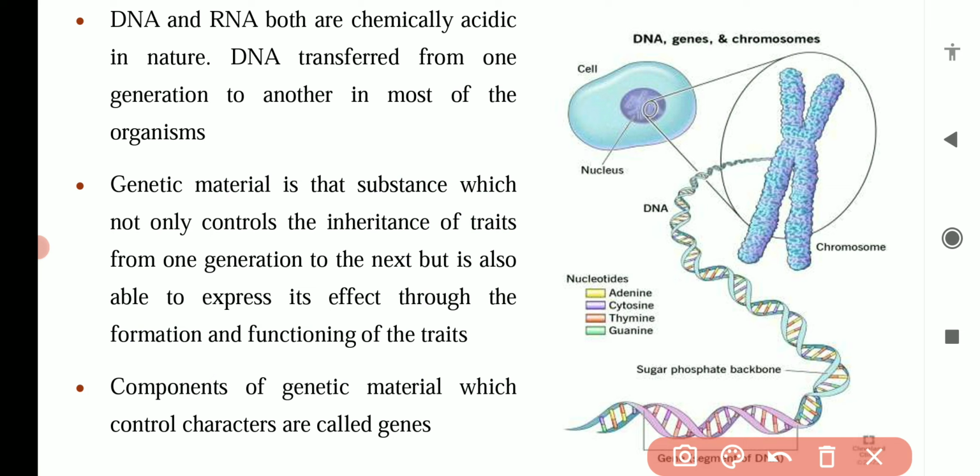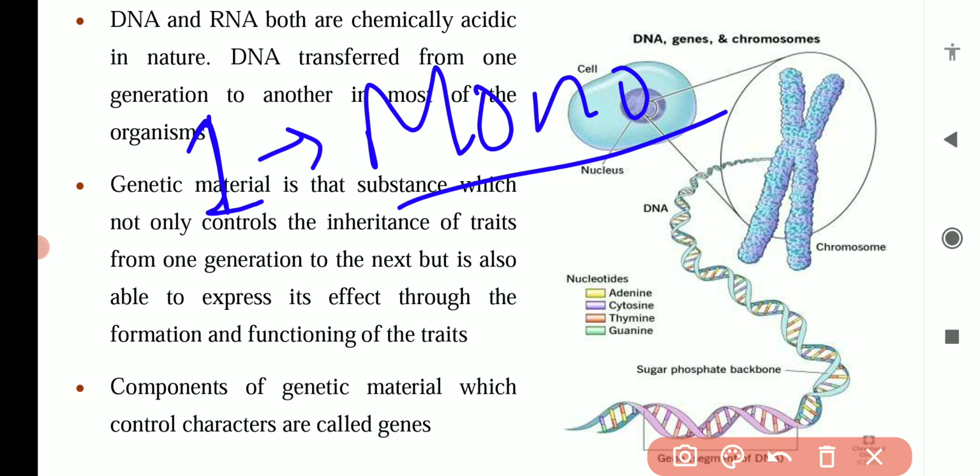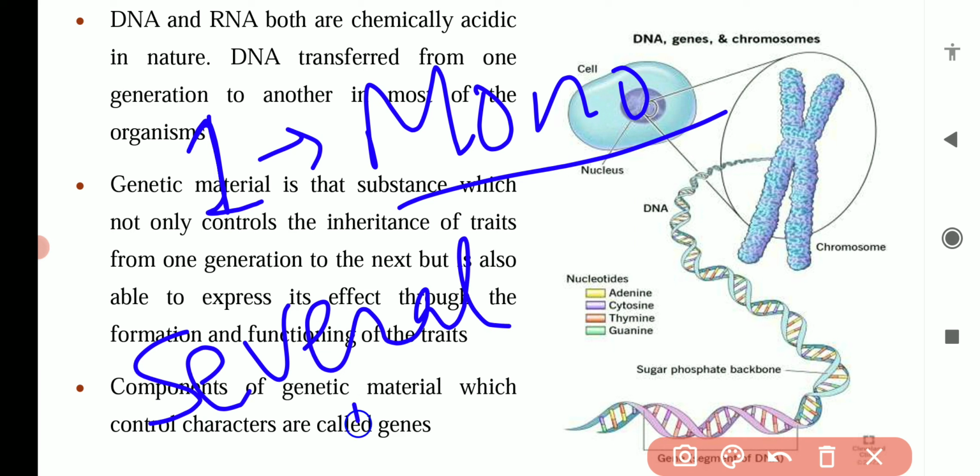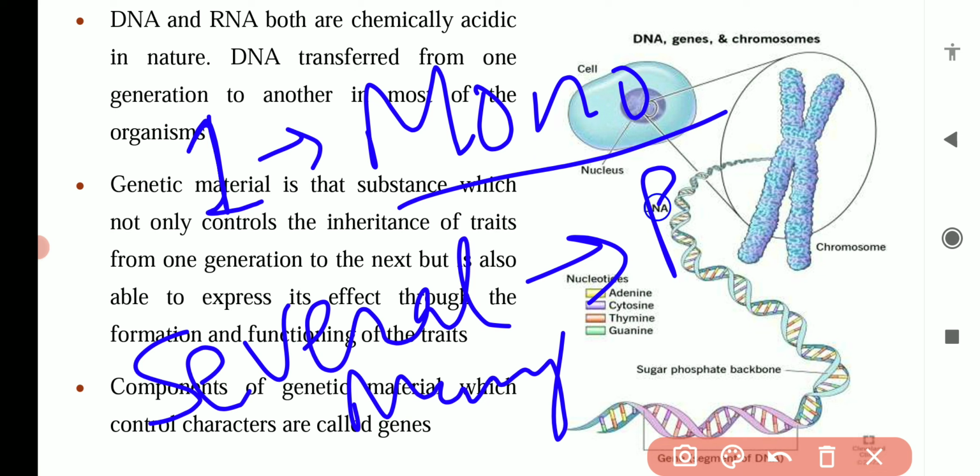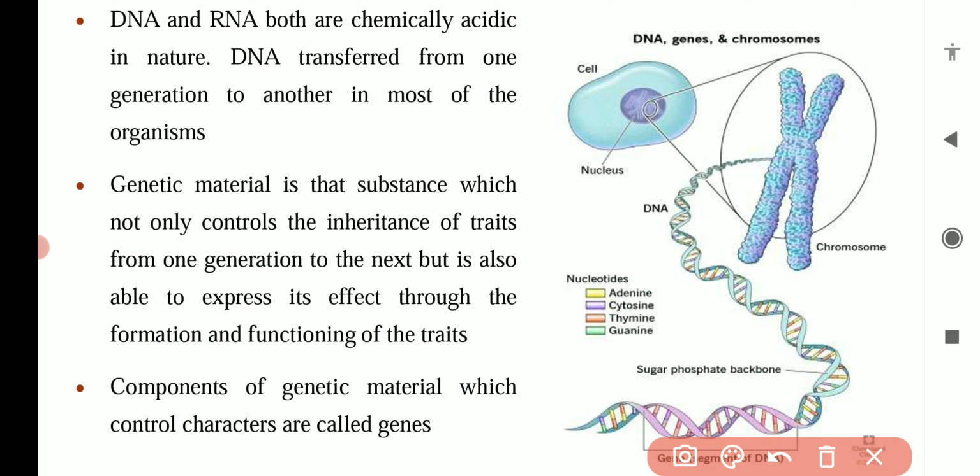We all know that if a character is governed by a single gene, then it is known as a monogenic character. And if a character is developed by several genes, meaning many genes are involved, then this character is known as a polygenic character. So it depends on the character how many genes are involved.